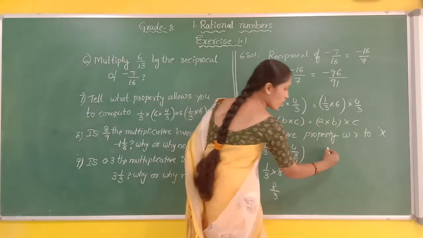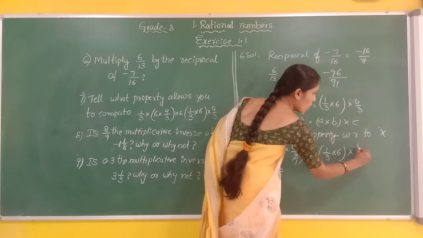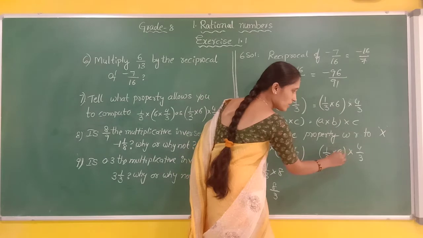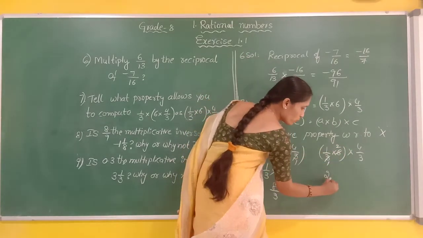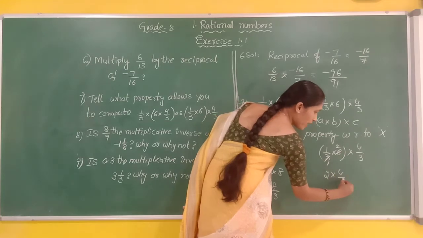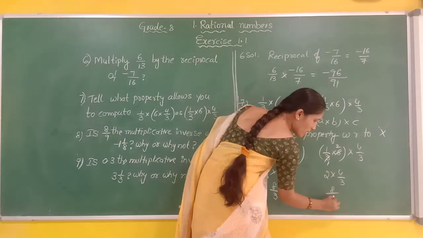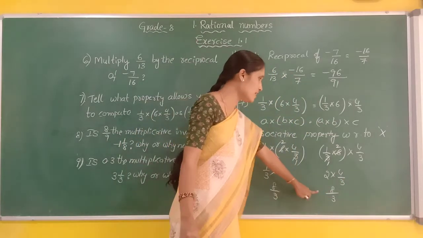Same thing with the other grouping: 1 by 3 into 6 into 4 by 3. 3 1 is 3, 3 2 is 6. 1 into 2 is 2. 2 into 4 by 3, the value is equal to 8 by 3. Yes, children.